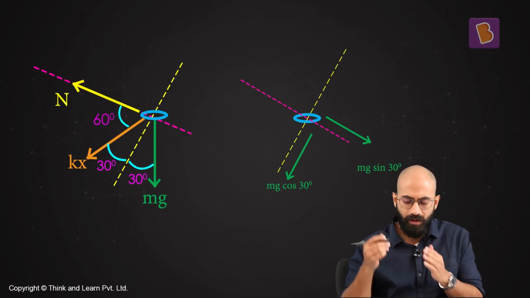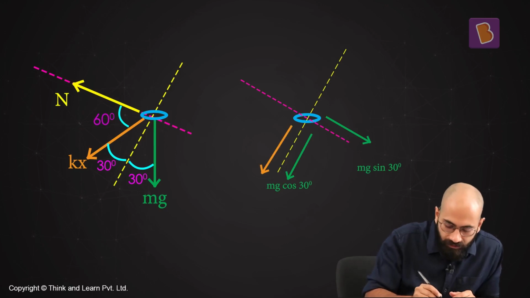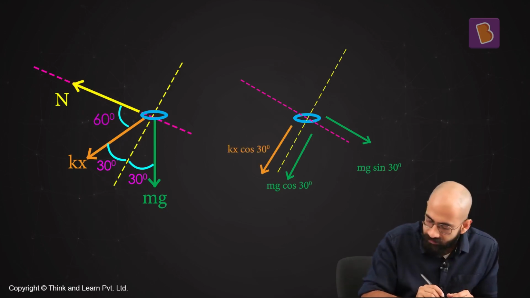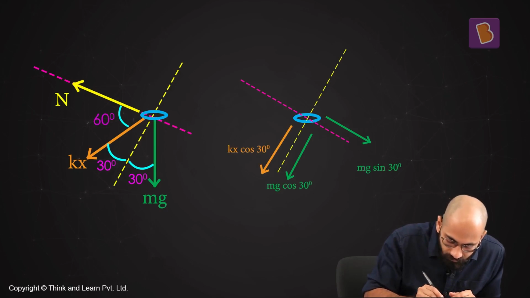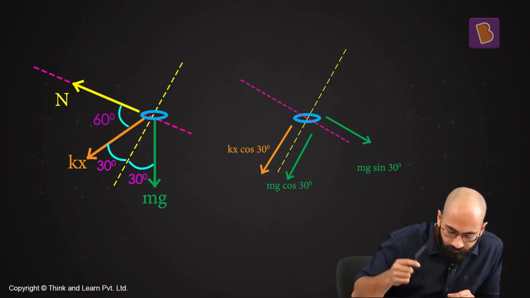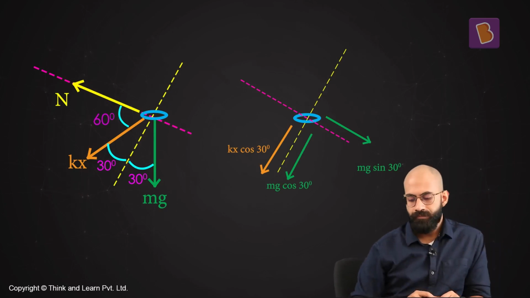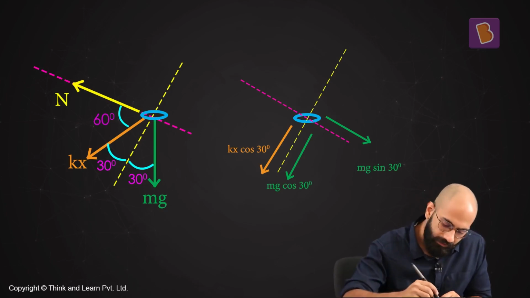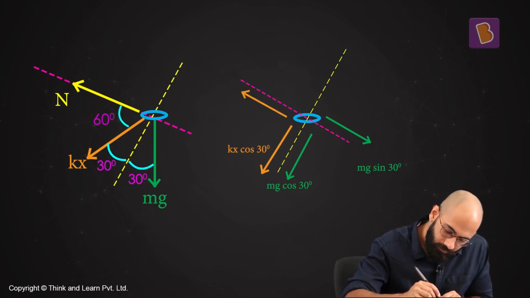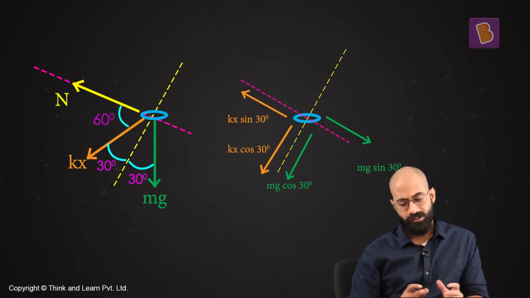Kx will have again two components, one in the tangential direction and one in the radial direction. So let's draw one more vector like this for kx, and that will be kx cos 30. Correct? Alright, and there'll be another in the radial direction, that will be kx sin 30. Right?